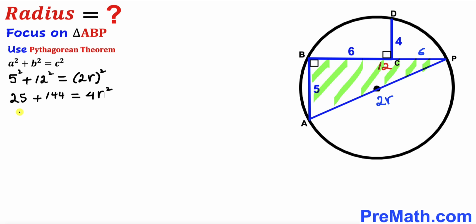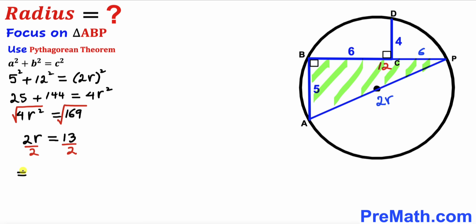Let's simplify furthermore. We can write 4 times r square equal to 169. And now I'm going to undo this square by taking the square root on both sides. So therefore, we are ended up with the 2 times lowercase r equals to 13. And now I'm going to divide both sides by 2 to isolate radius lowercase r.